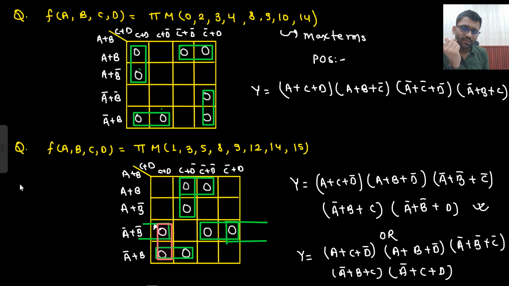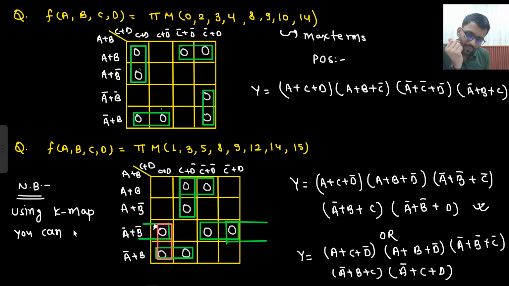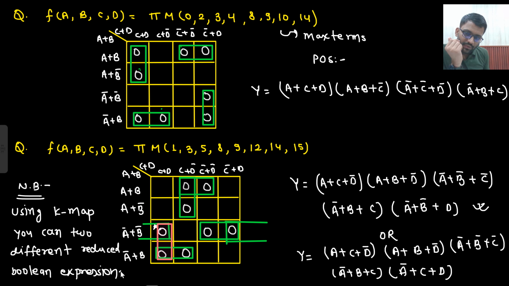Okay, so note, using K map you can get 2 different reduced Boolean expressions with the same literal count.